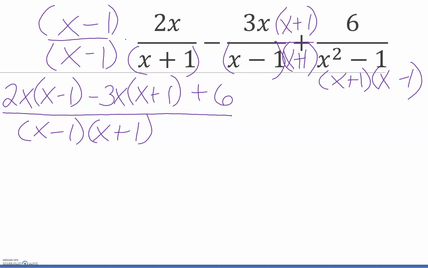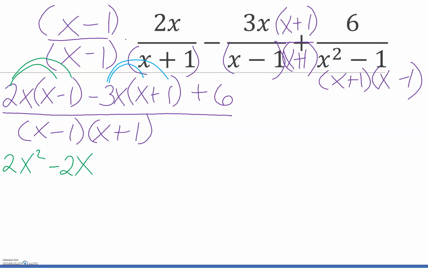So now we need to simplify that numerator. So I'm going to have to multiply each of these terms with 2x times x minus 1. I'm going to have the minus 3x times x plus 1 there. So let's start here. We'll have 2x times x is 2x squared. 2x times negative 1 is minus 2x.